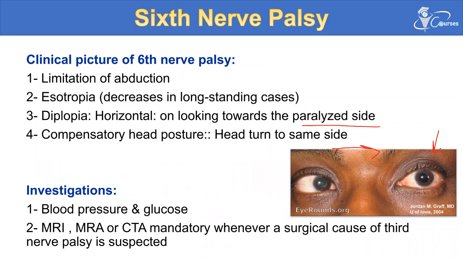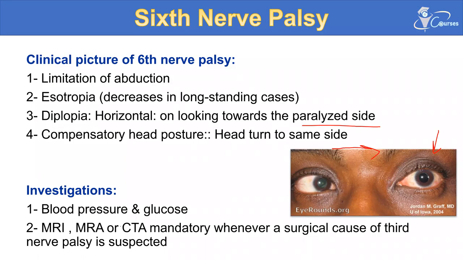Okay, so what will be the investigations? The investigations for the sixth nerve palsy will be the same as for the third nerve palsy. However, there is a more common reason for each case of ocular cranial nerve palsy. If a patient is old and doesn't have any other neurological deficit, we are suspecting an ischemic cause like diabetes or hypertension.